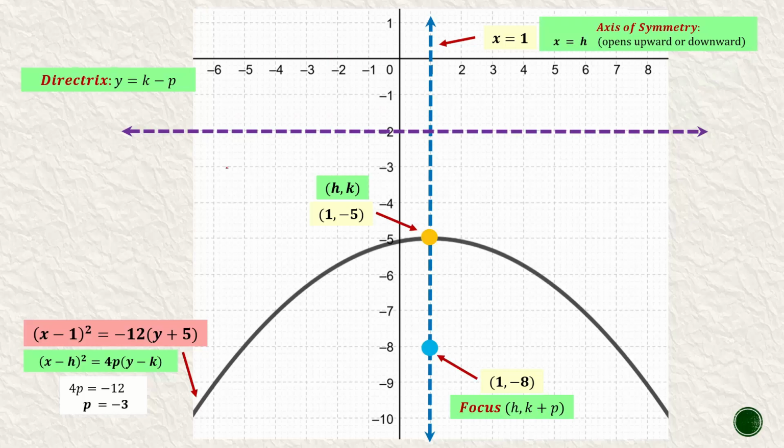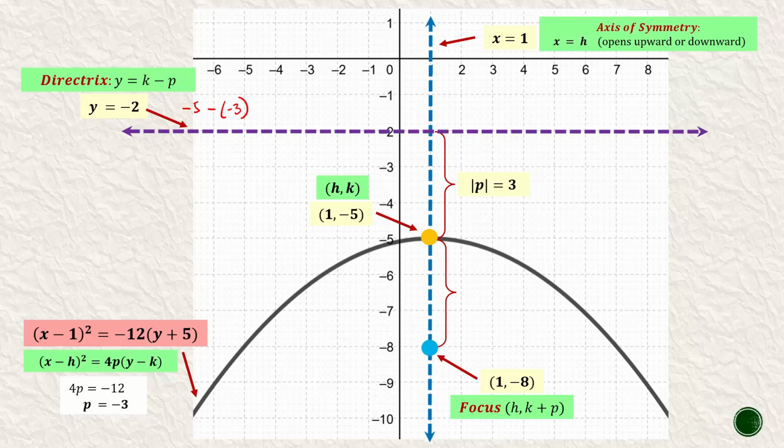So k is negative 5 minus negative 3, and that's going to give us negative 2. And again, I want to emphasize that the distance of the vertex to the directrix is equal to the absolute value of p, the same as the distance of the vertex to the focus.